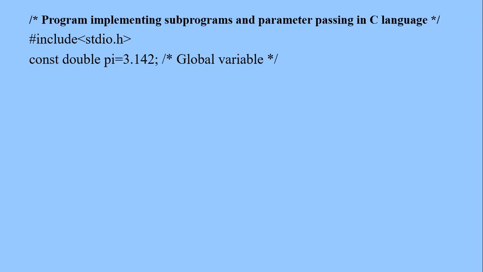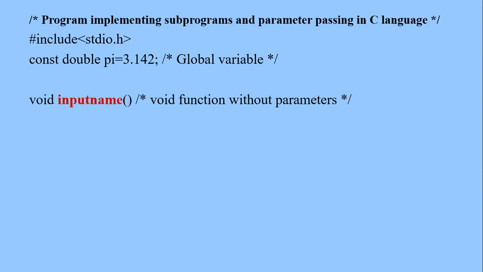Because this memory location is being declared outside of any functions or outside of any subprograms, its content is accessible across the entire program by all the subprograms, and therefore this one becomes a global variable. In fact, the best name for it is global constant.